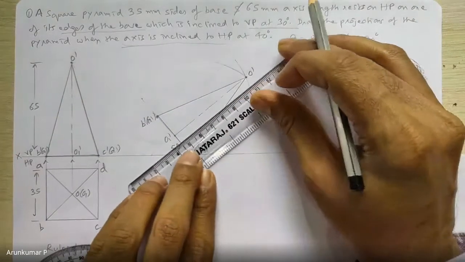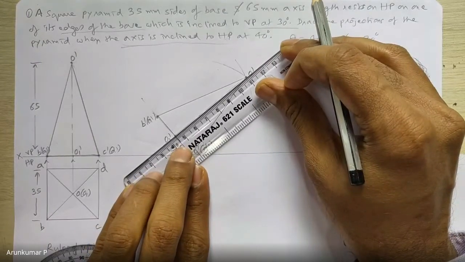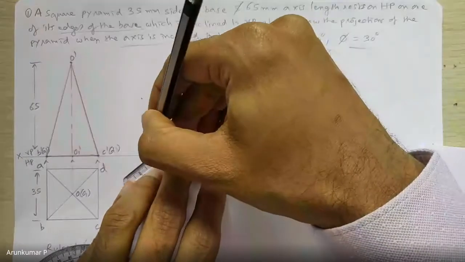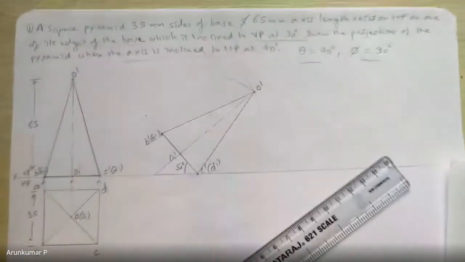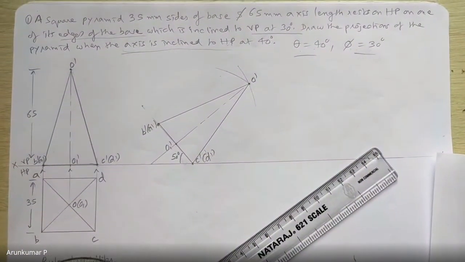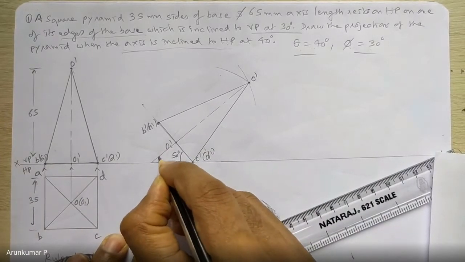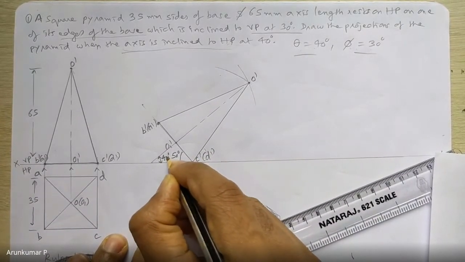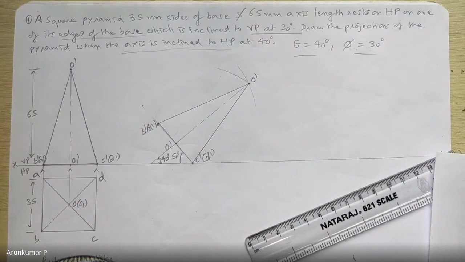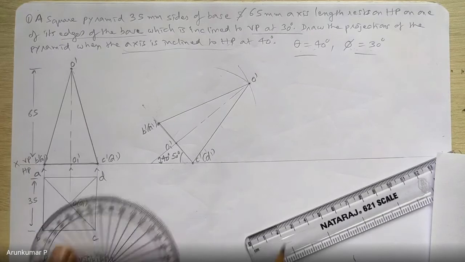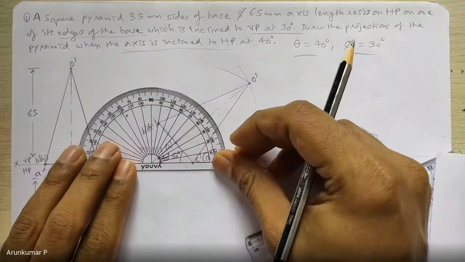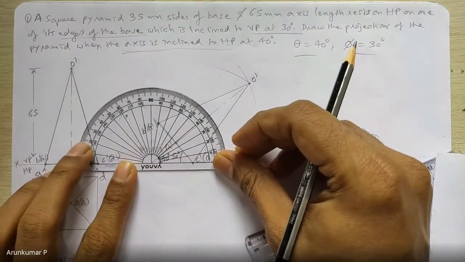So what you should do is, you should project the axis back to XY line. Extend the axis line back to XY line and find out what is this angle. This angle has to be 40 degrees. If you want, you can check it.